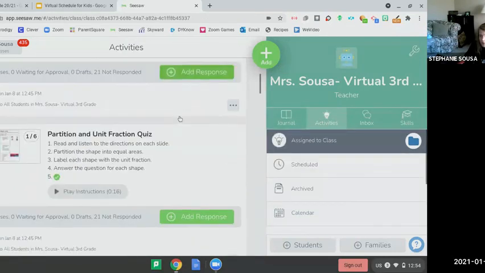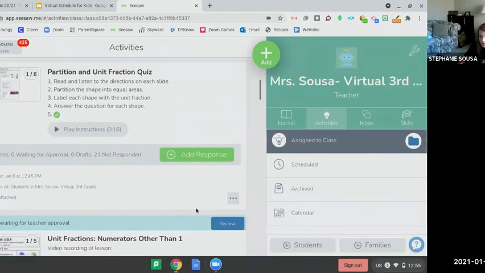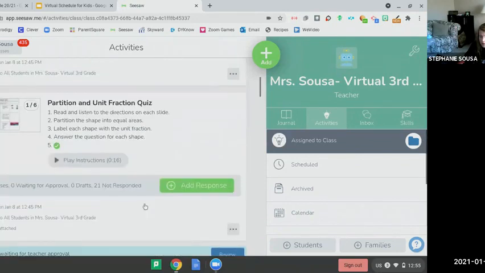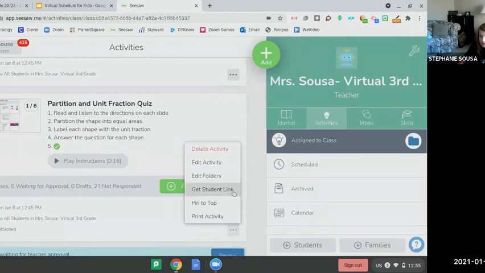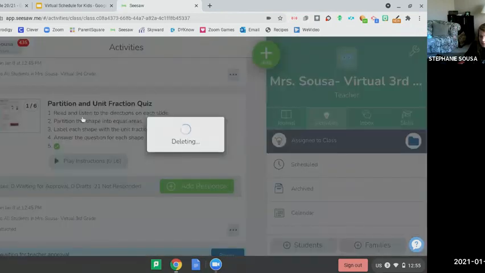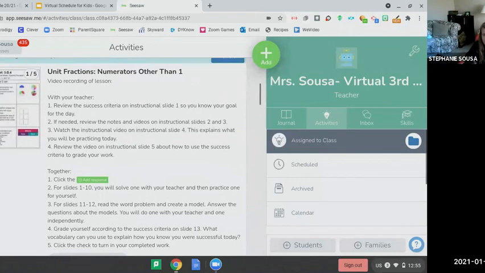I am going to delete that fraction quiz and I'm going to count this assignment as your quiz grade, okay? So instead of having you do this assignment and your fraction quiz, I'm going to delete this. And this assignment that we just talked about is going to be counted as a grade for a quiz, okay?